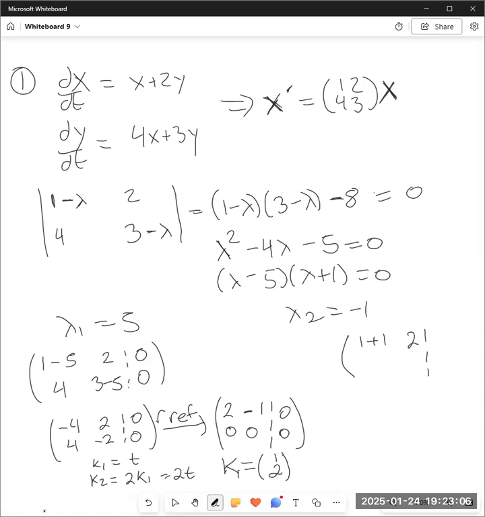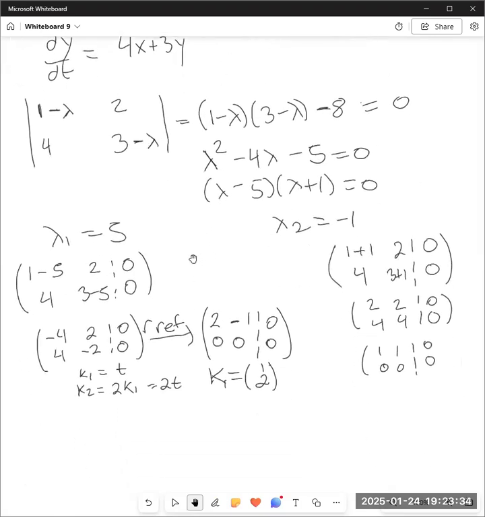Then we have 2, then we have 0, then we have 4, and then we have 3 plus 1. So we have 0, and we have 2, 2, 4, 4, 0, 0, which simplifies down into 1, 1, 0, 0, like this.